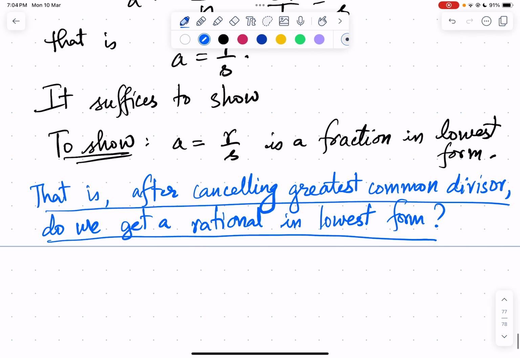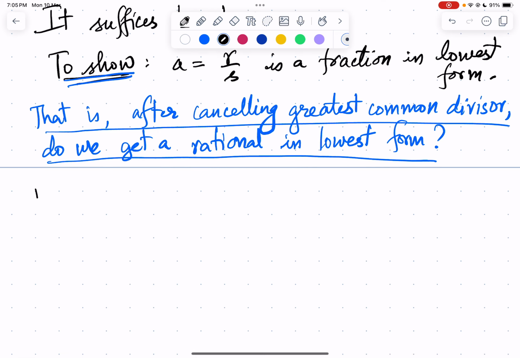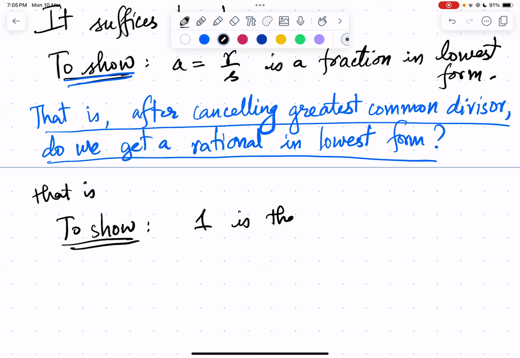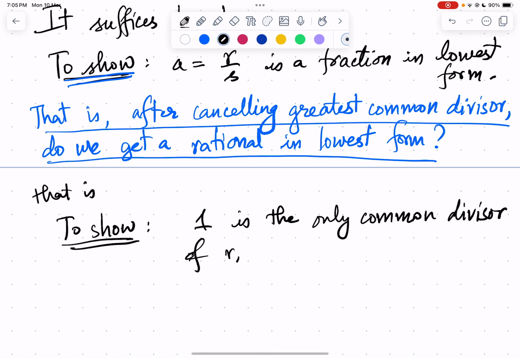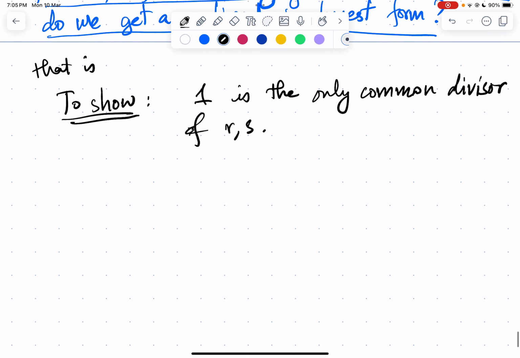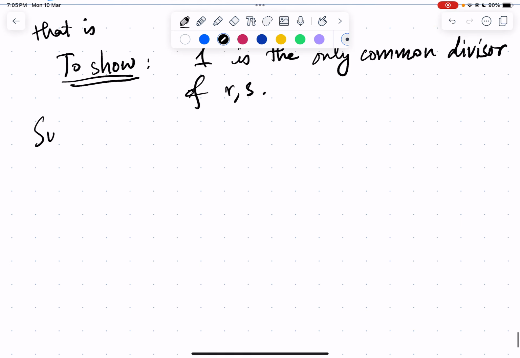So it suffices to show a equals r by s, that is, we need to show that 1 is the only common divisor of r and s. Okay, we'll show that.